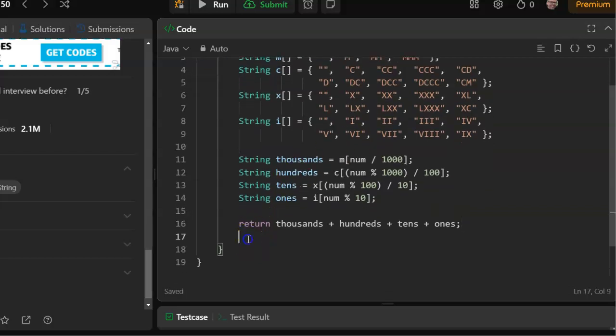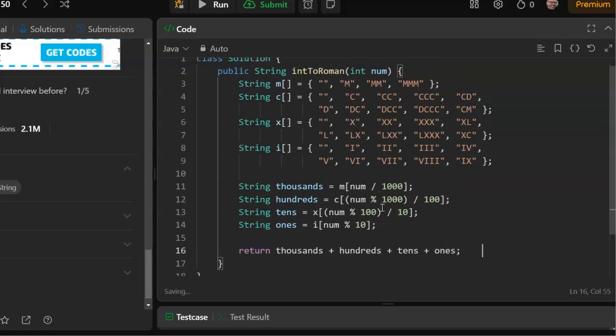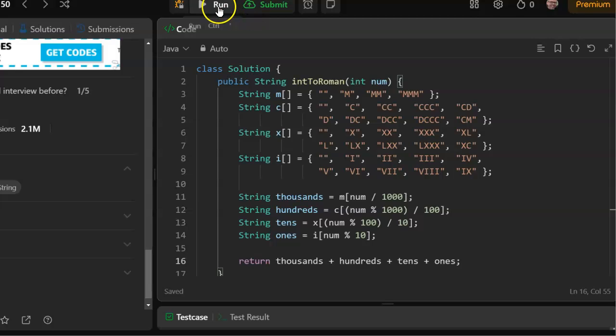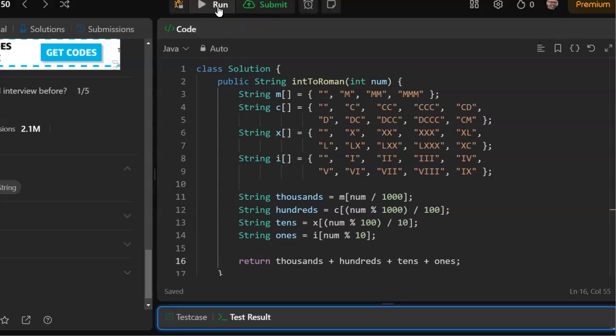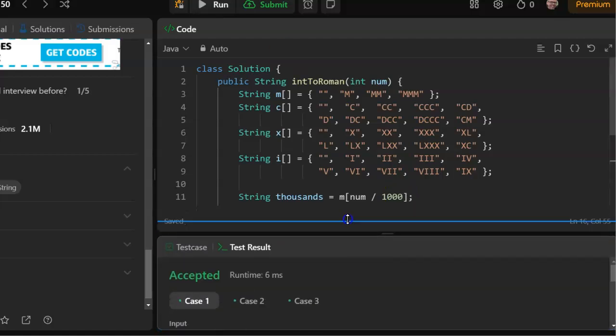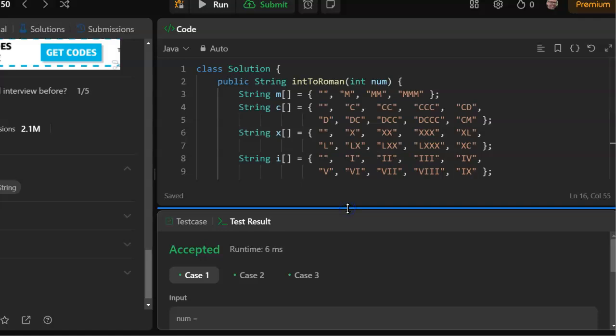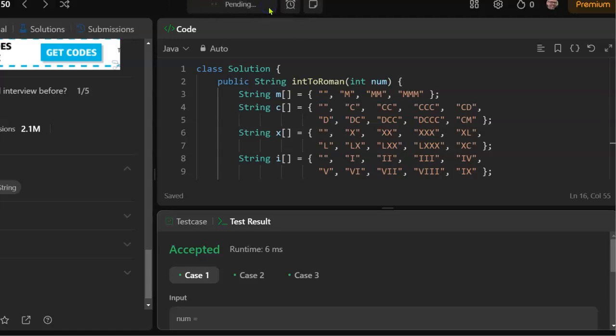All right. Let's try it. I can't see the result. Hold up here. Oh, okay. So the basic case is accepted. Submit.